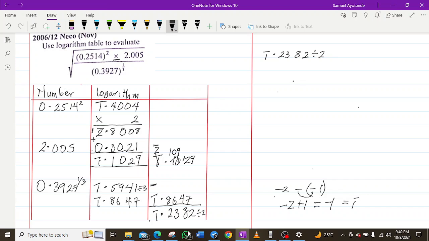So from here, I have 2 bar. I'm looking for the multiple of 2 that is greater than the whole number here. Multiple of 2 greater than 1 is 2 itself. I put a bar on it. Plus, I do 2 minus 1, I have 1.